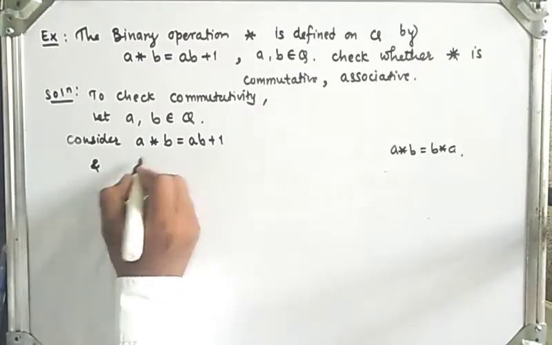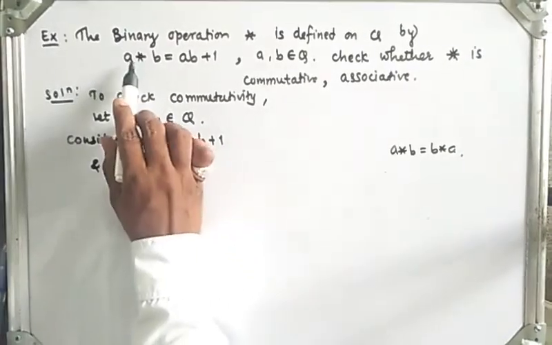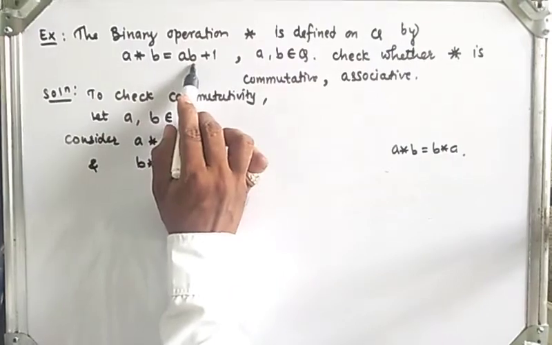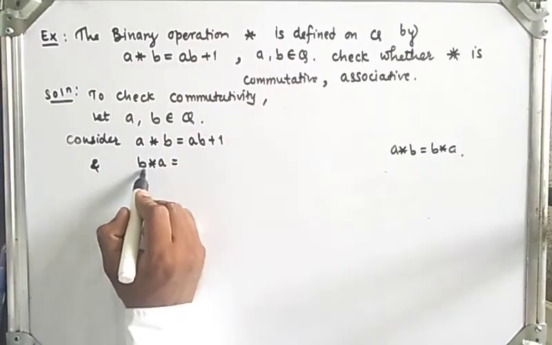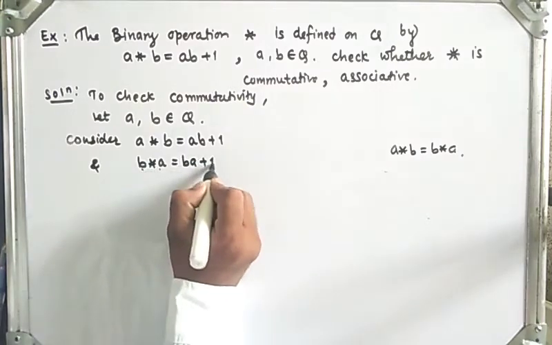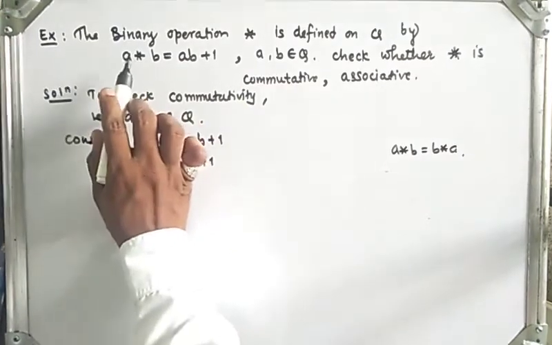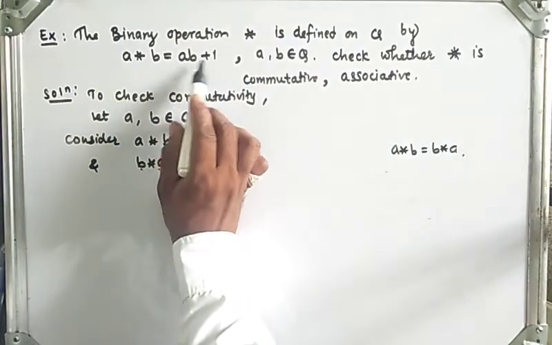And B star A. So A star B is A into B plus 1. So B star A is B into A plus 1. So what is A star B? A star B is the multiplication of these two numbers plus 1.